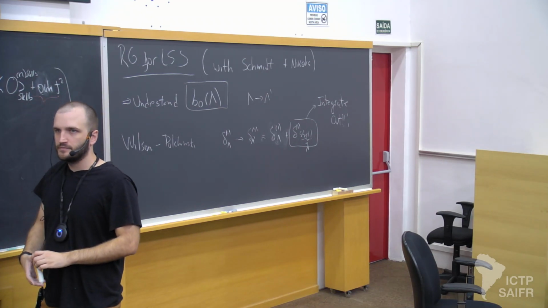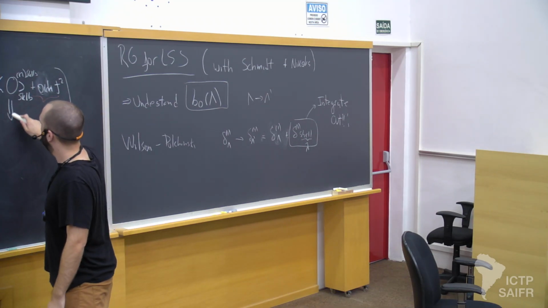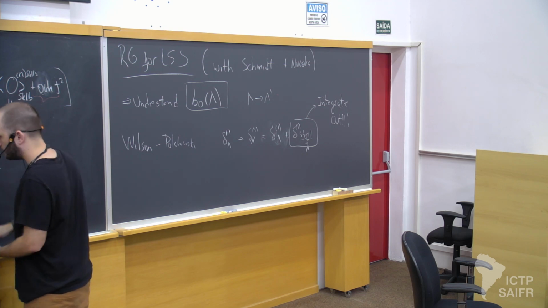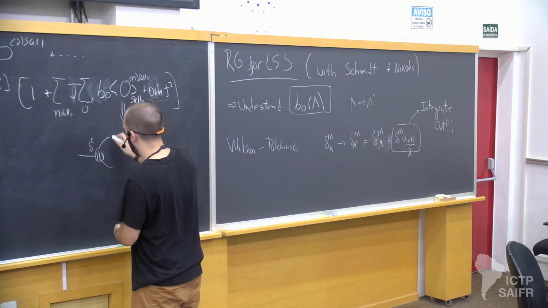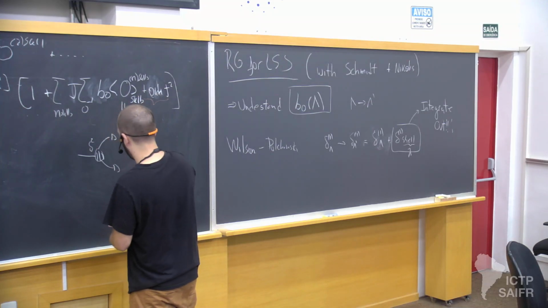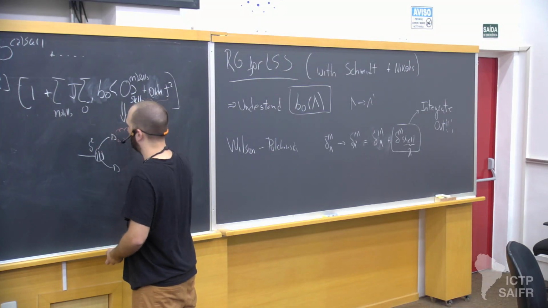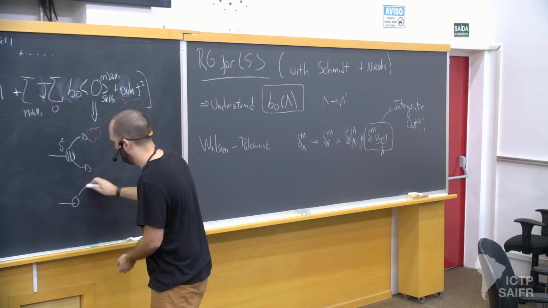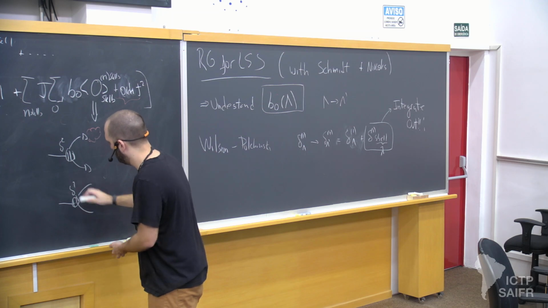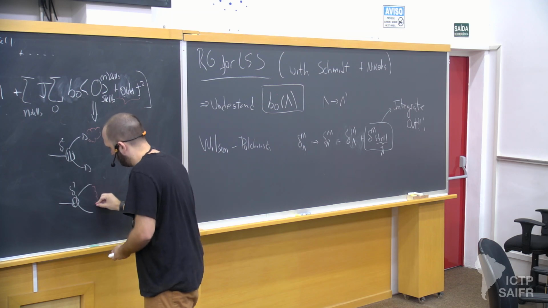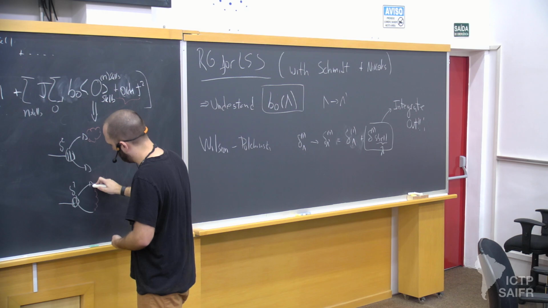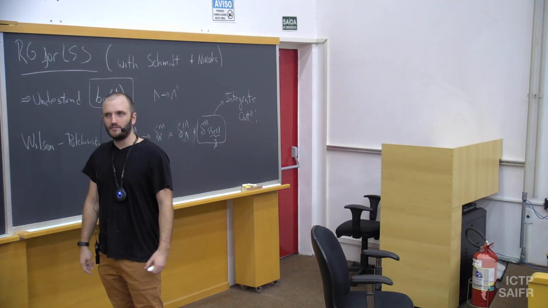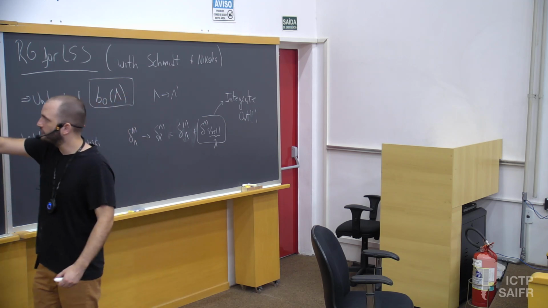And in the end of the day, it means that I'm taking these O's, for instance for delta square, and I'm generically taking everything here that has one shell contraction, either like this, or like this. Okay? There are two possible shell contractions I can take.